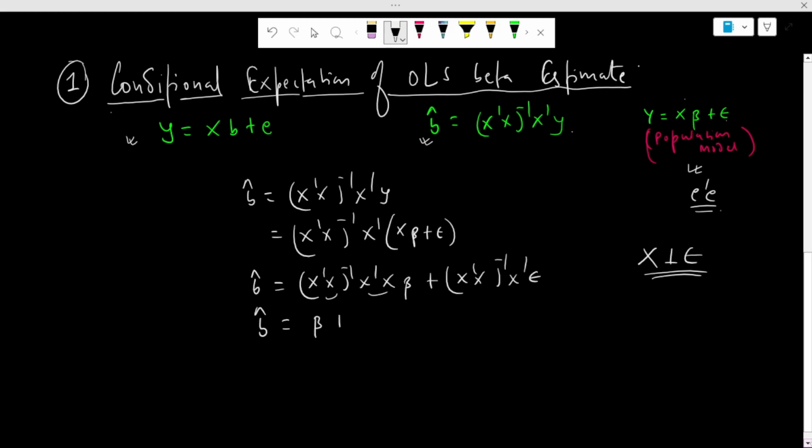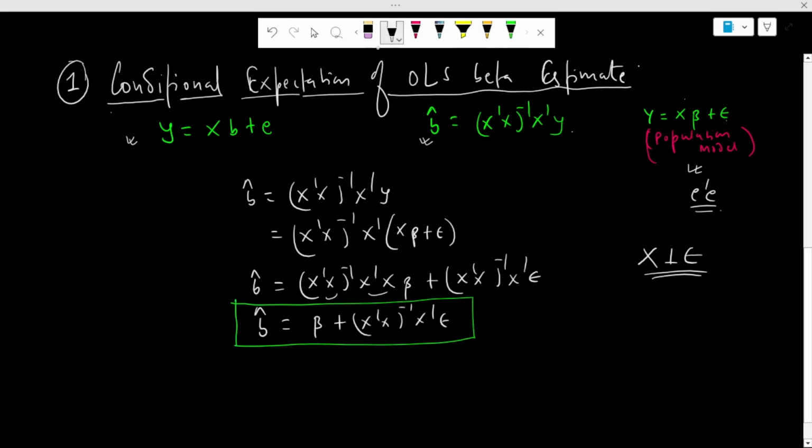So we are left with beta plus x transpose x inverse x transpose e. The estimated beta is equal to the population beta plus this term, and this term is also a beta when we regress e on x, and theoretically this should be equal to 0, because they are orthogonal to each other.